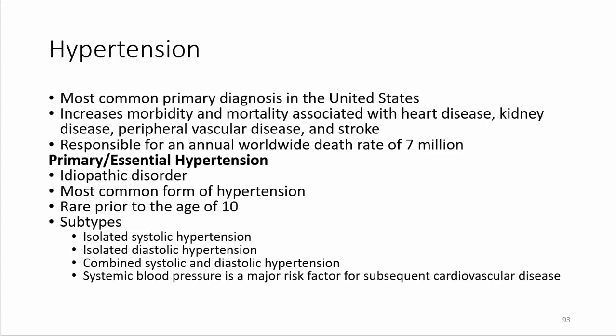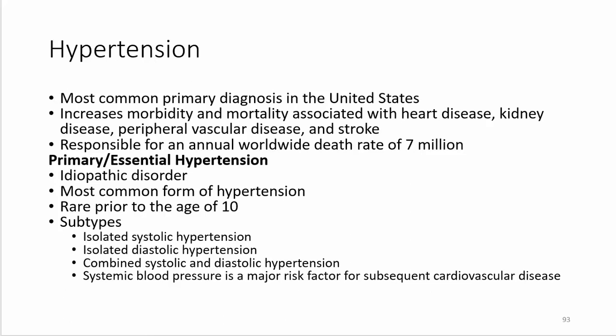Right? It's responsible for an annual worldwide death rate of 7 million people. That's more people than died in World War I. It's a huge number, and so there's really an epidemic of primary hypertension.